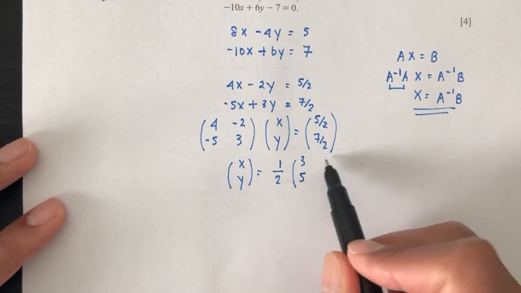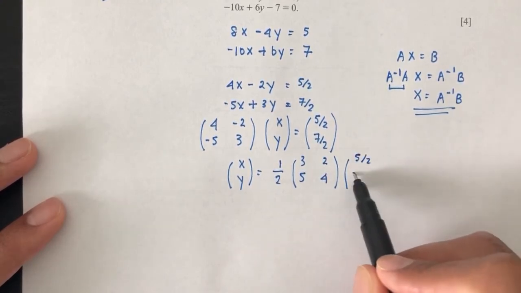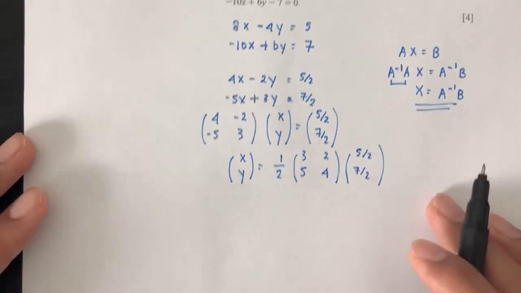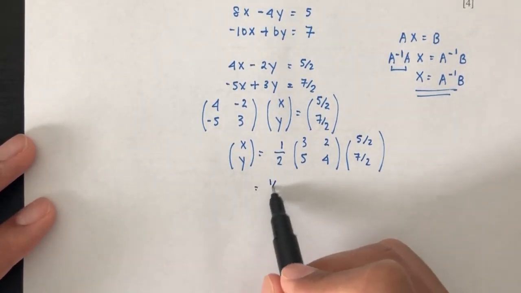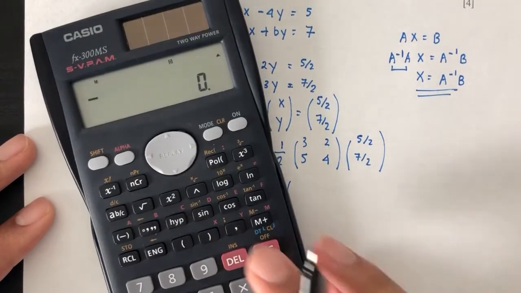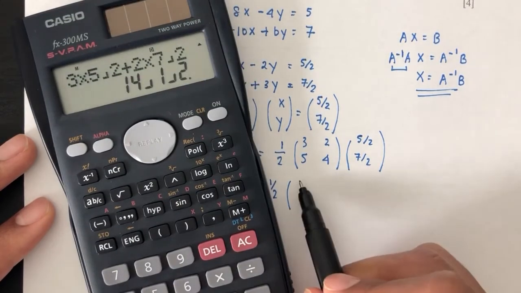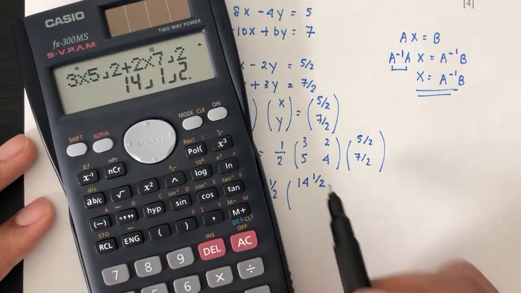That will be 3, 5, 2, 4 times 5 over 2 and 7 over 2. So now we just have to simplify. That will be half. So it's always rows by column. Rows will be 3 times 5 over 2 plus 2 times 7 over 2. That should give me 14 and a half.